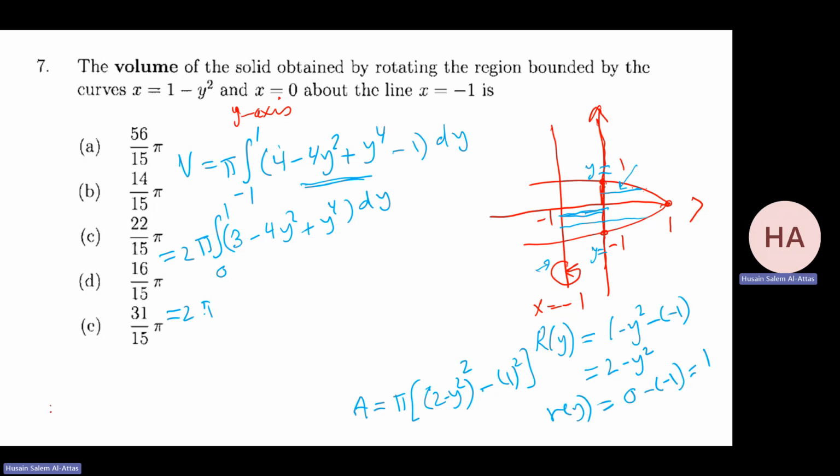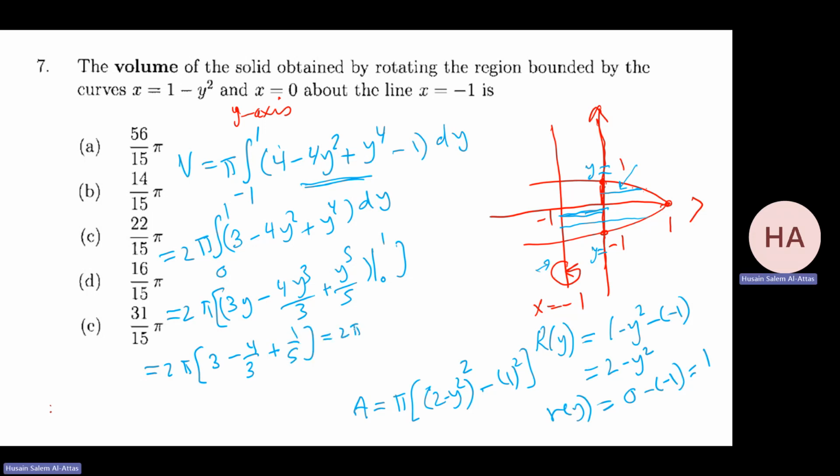That gives me 2 pi times 3y minus 4y cubed over 3 plus y to the power 5 over 5, from 0 to 1. That gives me 2 pi times 3 minus 4 over 3 plus 1 over 5.